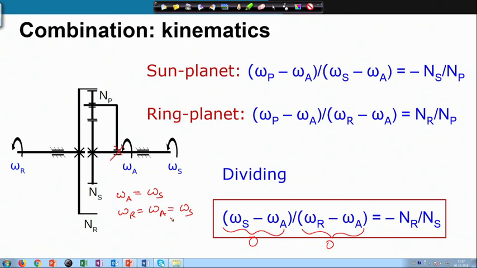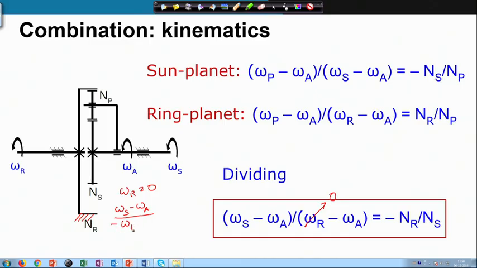Let us say if I fix the ring gear, which means I do not allow this to rotate, then I have this relation: omega sun minus omega arm by minus omega a is minus n r by n s.